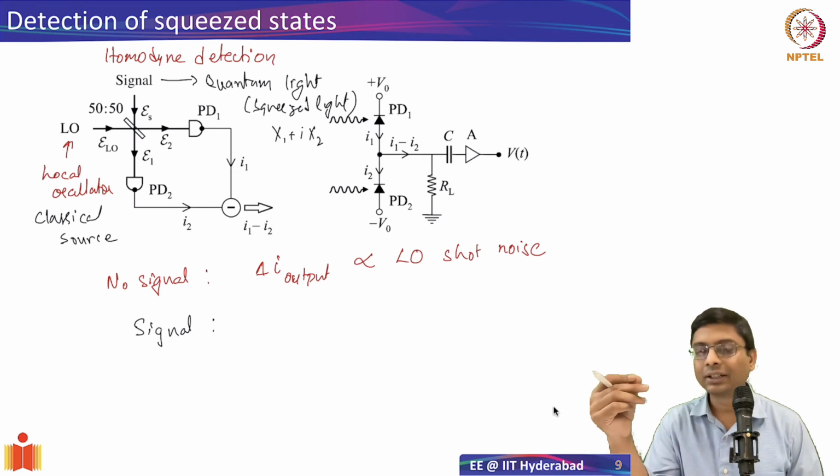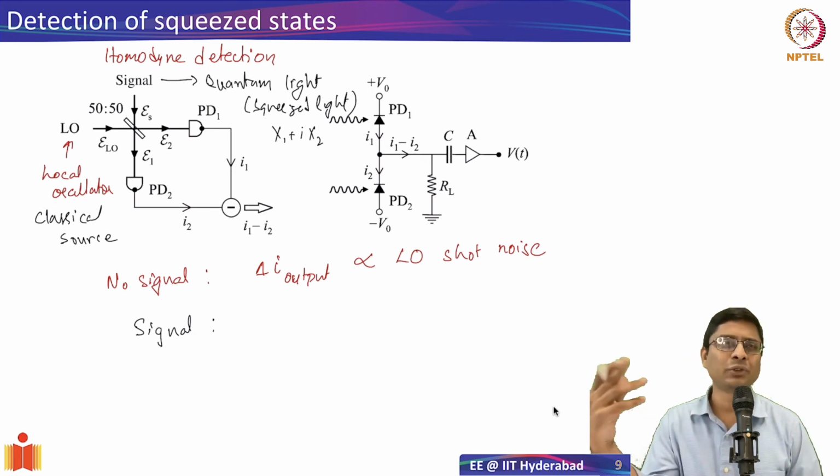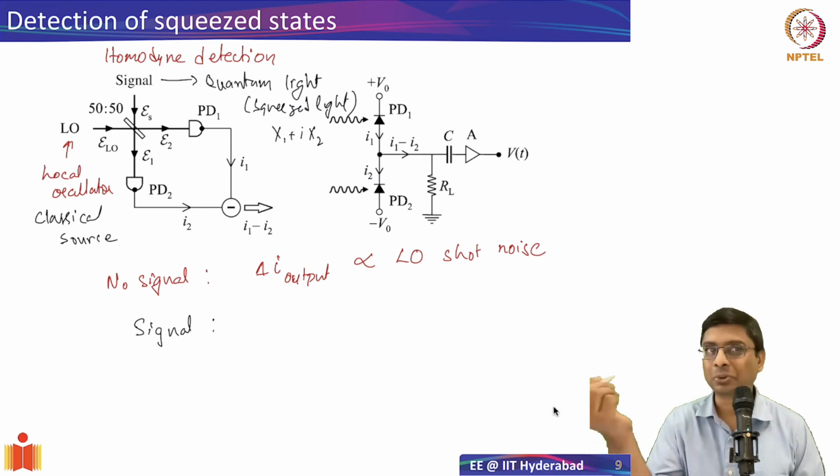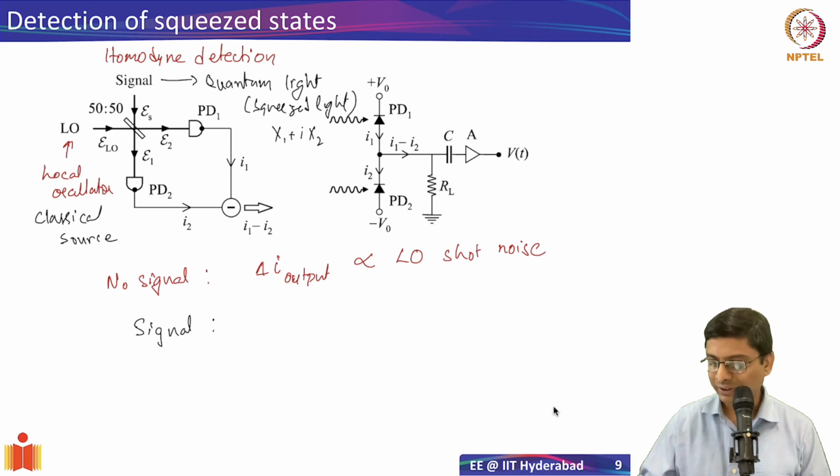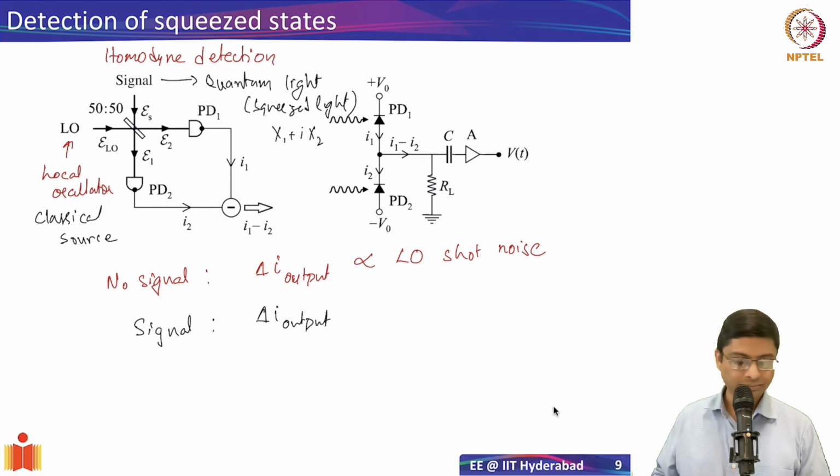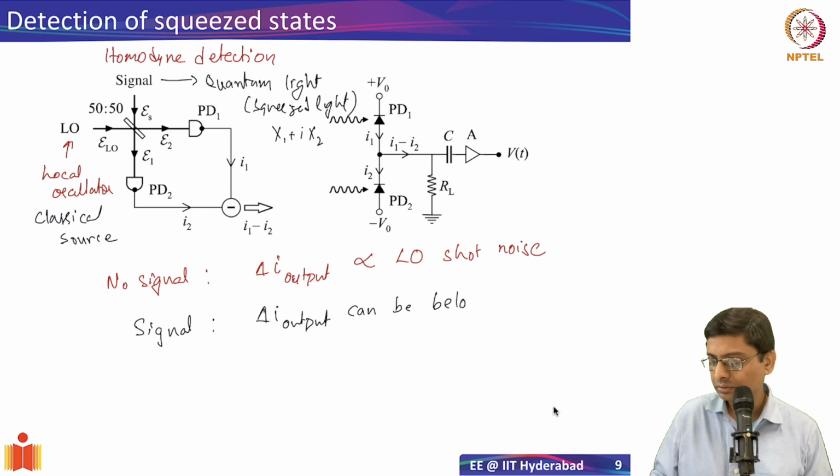Now I don't want to get into the theory of it, but it can be shown that when you have a signal, delta I output is proportional to the combination of signal and the local oscillator, and delta I output can be below the shot noise limit at certain time instants.